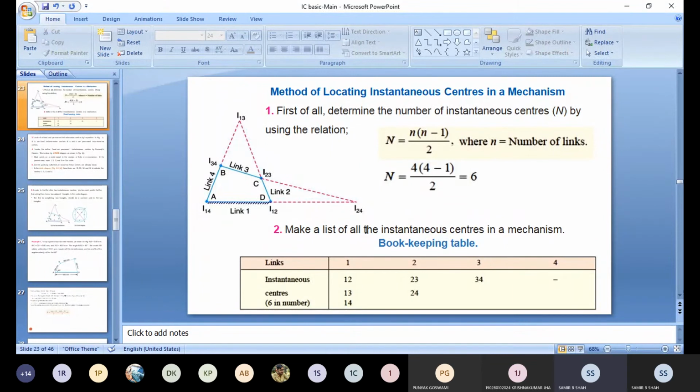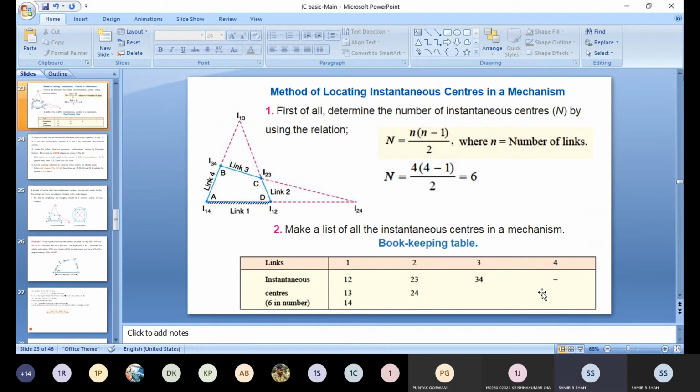And if I say 3, then I34 is there, but nothing starts with 4. You could write 4,3 in place of 3,4, but we maintain the sequence: every time 1 is first, 2 is second, 3 is third and 4 is fourth. If there are 5 links, then 4,5 also comes, and based on that we continue.